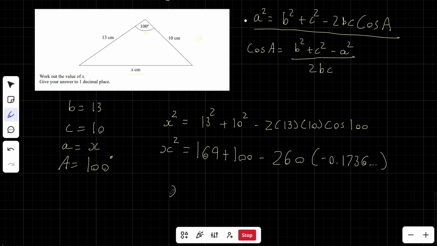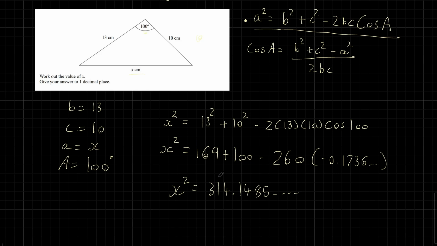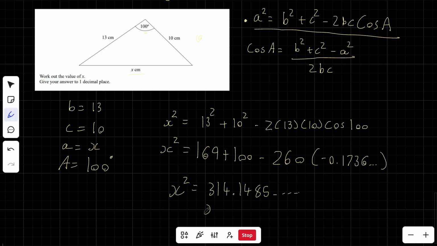So if we put that all in, we get x squared is 314.1485, and we'll leave it there, dot dot dot. Okay, so we'll square root that on our calculator, and we're going to get x equals 17.724.